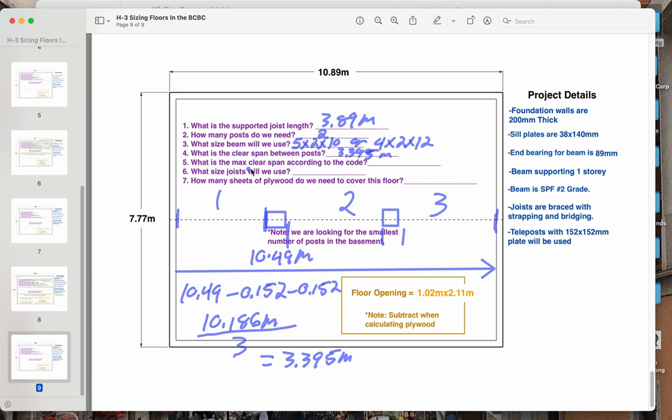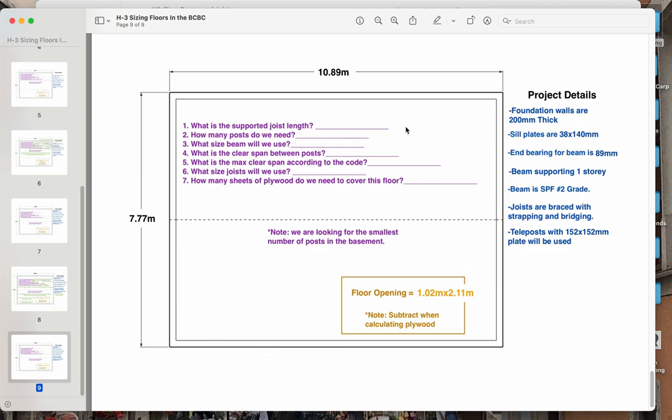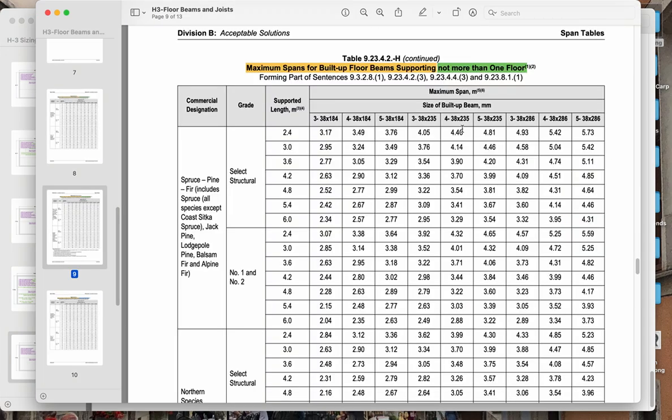What is the max clear span according to the code? So depending on whether we used a 5 by 2 by 10 or a 4 by 2 by 12, that will tell us what we can use in the code. So let's go back and have a look at the building code. So according to the building code, we were in this row, okay, and we said we could use a 5 by 2 by 10 or a 4 by 2 by 12, okay?